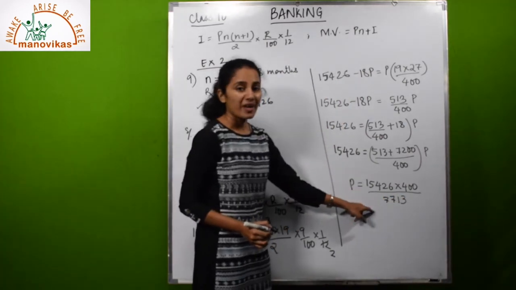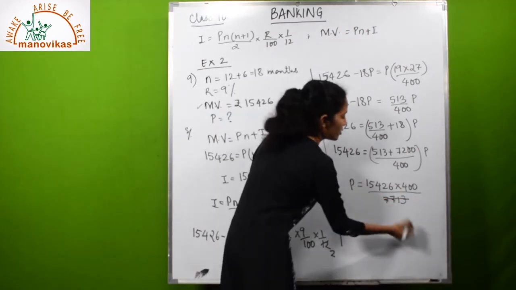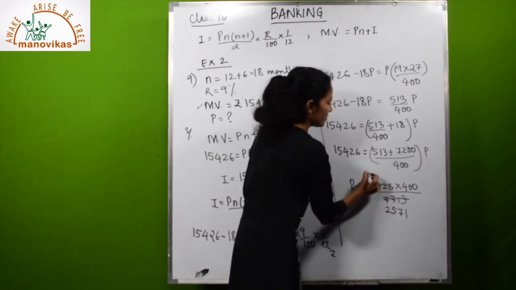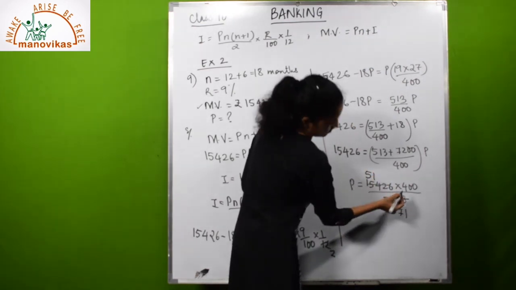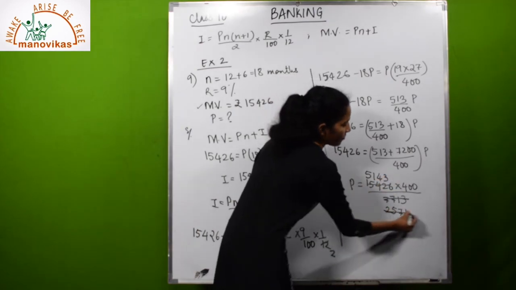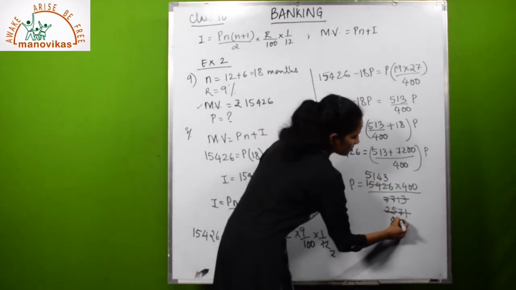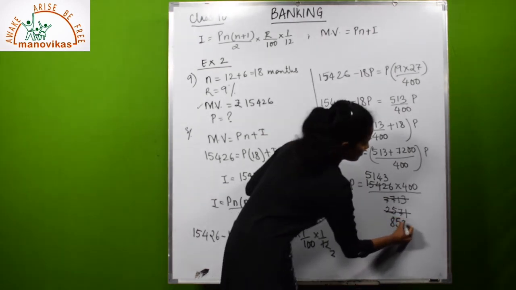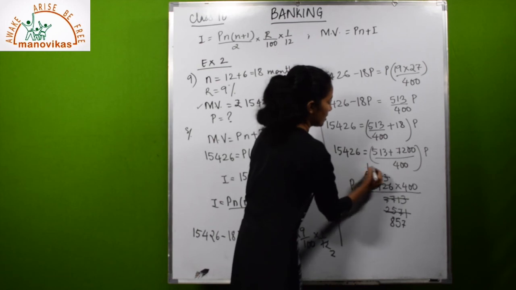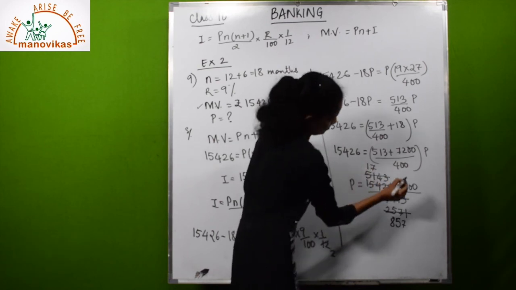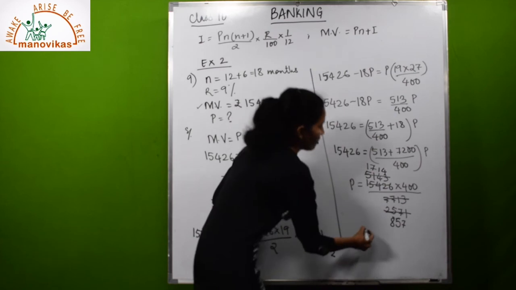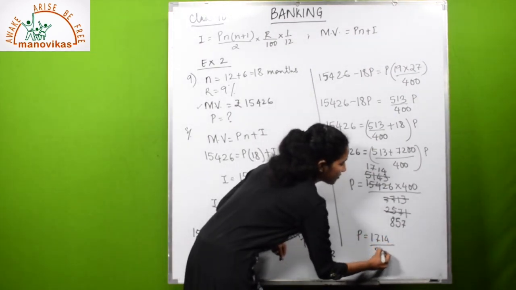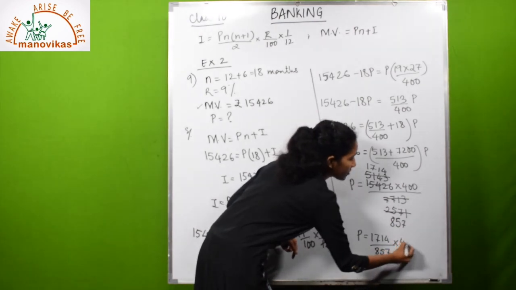So dividing this by 3 twice, I am left with P is equal to 1714 divided by 857 into 400.